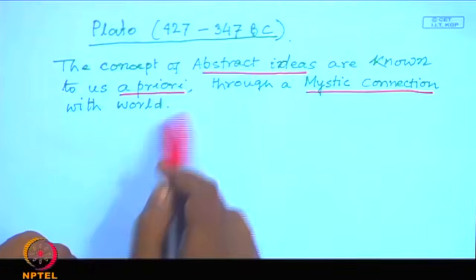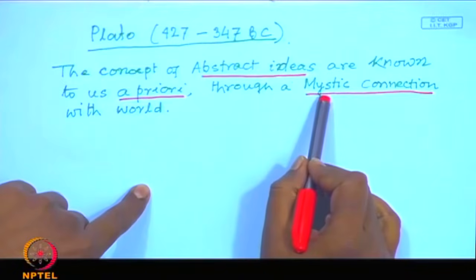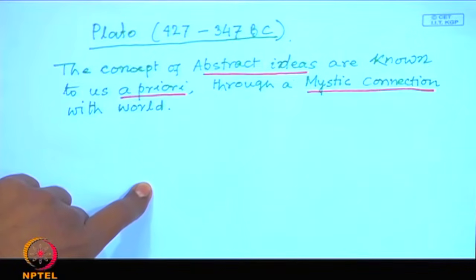And not only this, as I recognize a painting to be a painting in Ajanta caves, that means this information, or the image of that picture, is embedded in my brain in some way. And what is that way? That is not yet fully understood. That is why it is said to be through a mystic connection with the world. So, these abstract ideas of a priori knowledge are stored in our brain in a very mystic way.